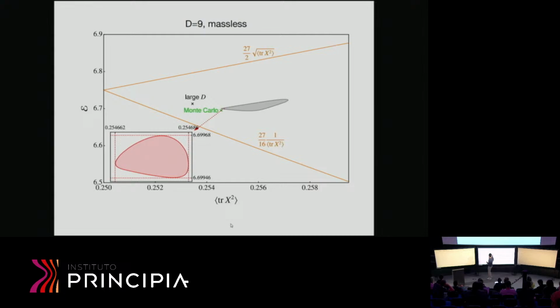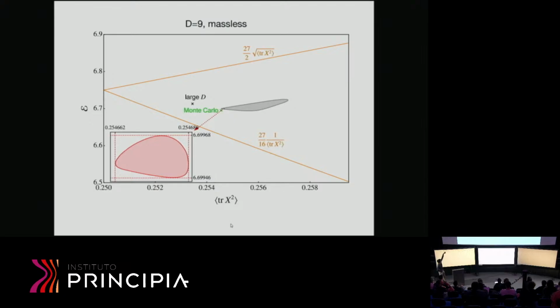So this is for this model where I runs from 1 all the way up to D. Okay, so this is for the D equals 9 model, and it's a little bit like BFSS, except there's no fermions, of course. Okay, so what you see is that in orange we have some analytic curves. Those were the analytic curves that I derived for you on the first lecture, right? So those were the simple analytic curves that you can derive by hand, and that already gives you some peninsula.